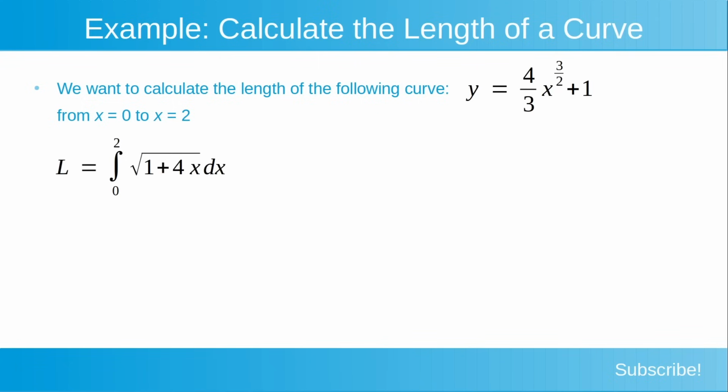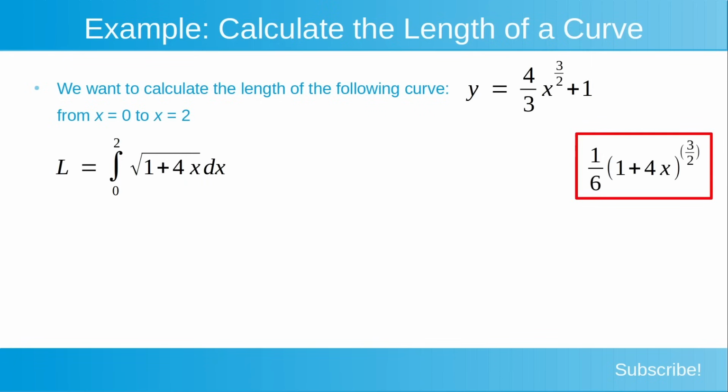In order to evaluate this definite integral, we needed to find one antiderivative of the square root of 1 plus 4x. In order to find this one antiderivative, we rewrote our integral to be an indefinite integral, and we then evaluated this indefinite integral using the substitution method. This allowed us to find one antiderivative, 1 over 6 times open bracket 1 plus 4x close bracket raised to the power of 3 over 2.